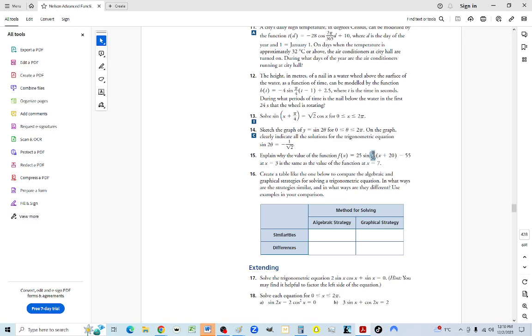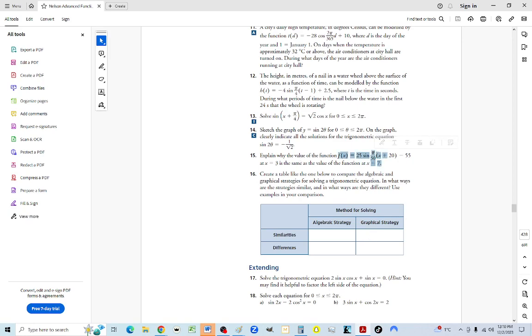Well, you've changed it to multiply these by 2. You've changed it to a period of 100. It's shifted to the left by 20. It's an amplitude sine curve that's brought down to 55. Why wouldn't the value be the same at 3 and 7?